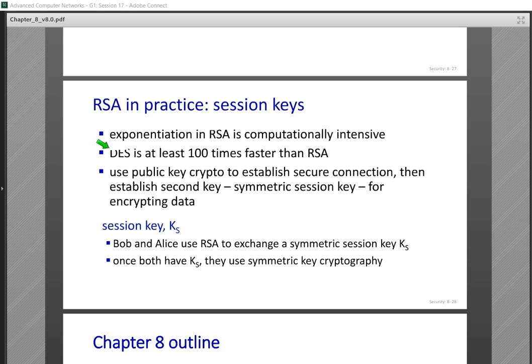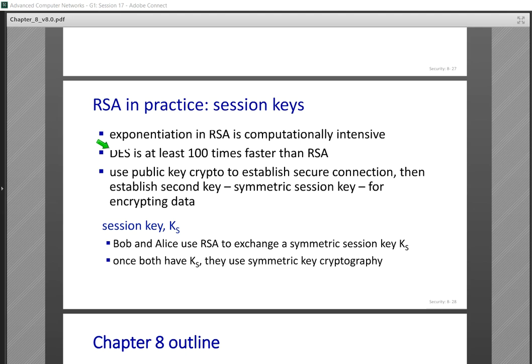So RSA is too heavy. That is interesting. So we have two different strategies. The symmetric key strategy. In symmetric key, we are using a shared key between the sender and receiver.